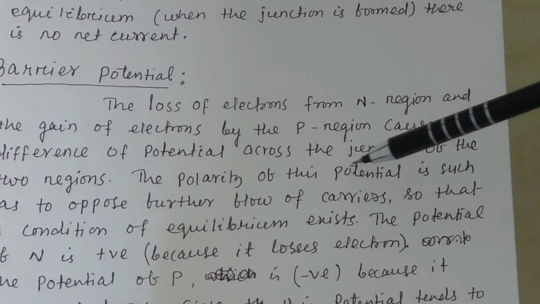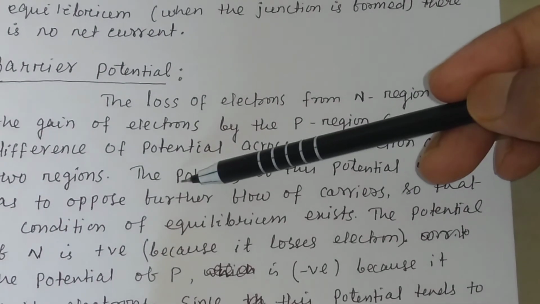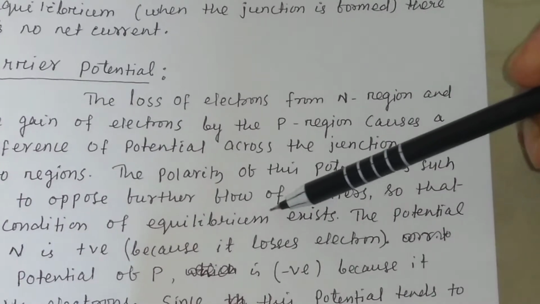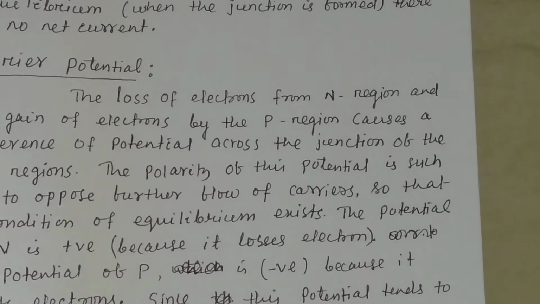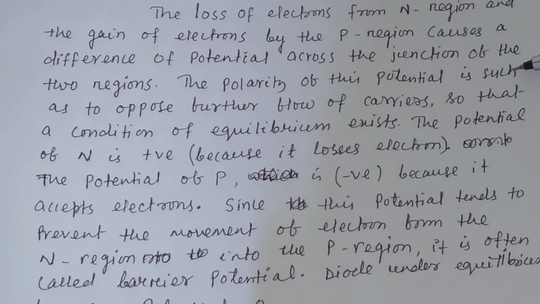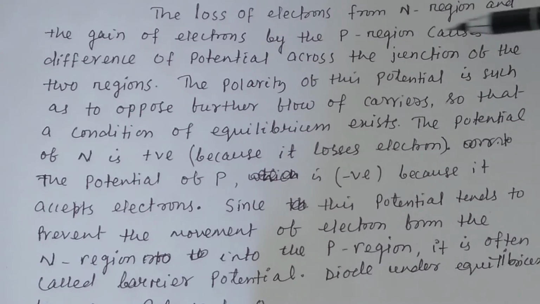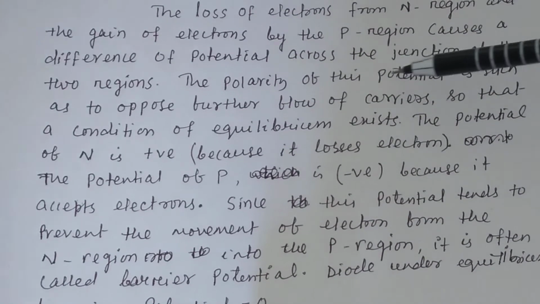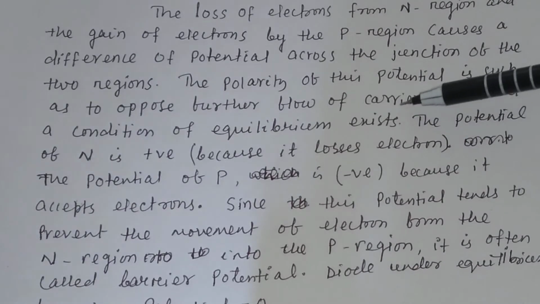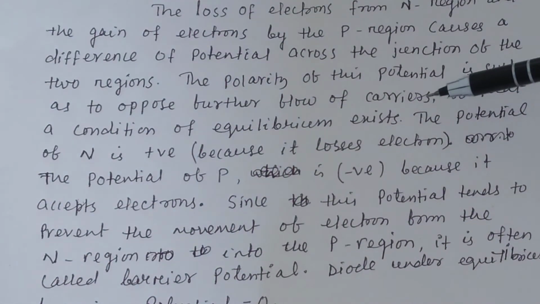The polarity of this potential is such as to oppose further flow of carriers, so that the condition of equilibrium exists in the p-n junction.